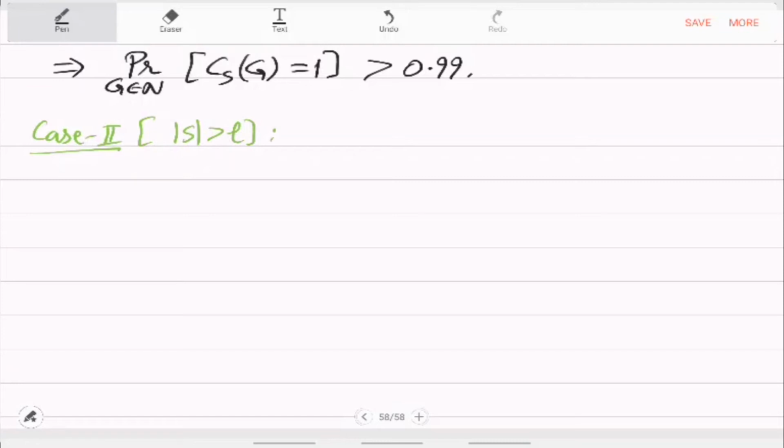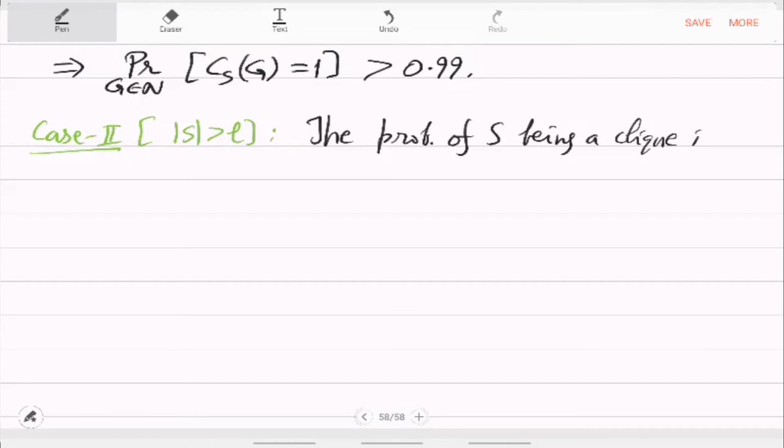So let's check that. The probability of S being a clique in the yes instances, let's calculate that.